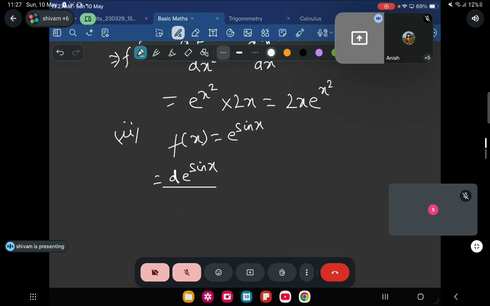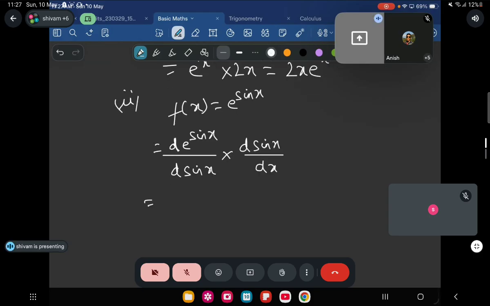So first of all, we need to differentiate with respect to sin x, and then differentiate sin x with respect to x. So this will become e to the power sin x into cos x. Are people getting it? Yes or no? I'll give another example.